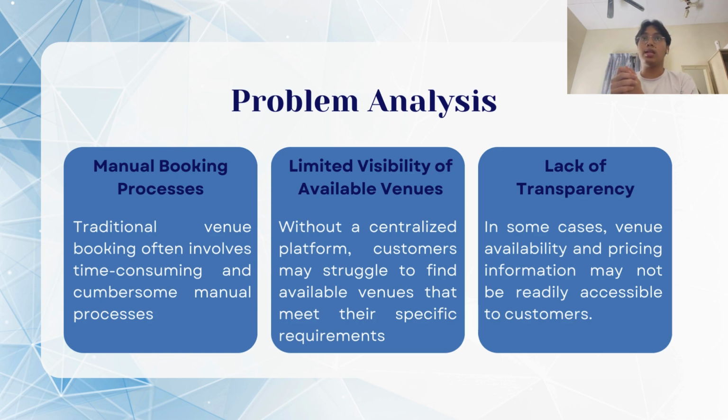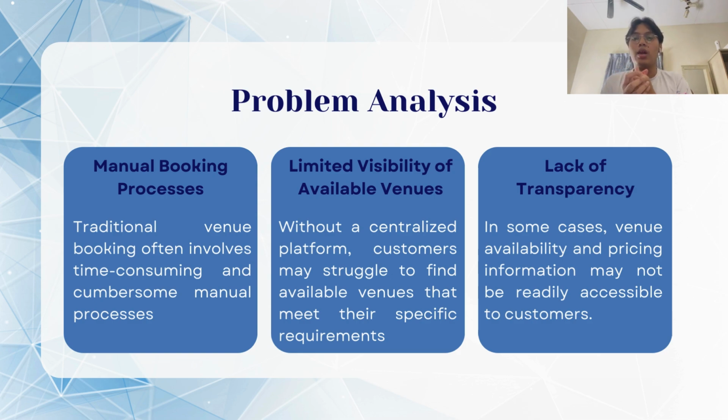Next is the limited visibility of available venues. As you know, the main feature that we need is for the customer to be able to see the availability of the venue. Without a centralized platform, customers may struggle to find available venues that meet their specific requirements.